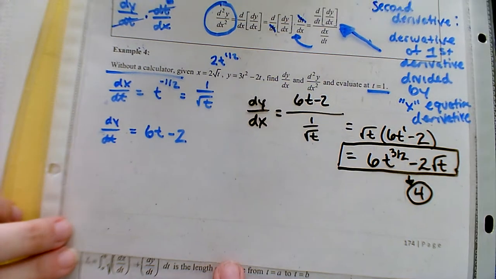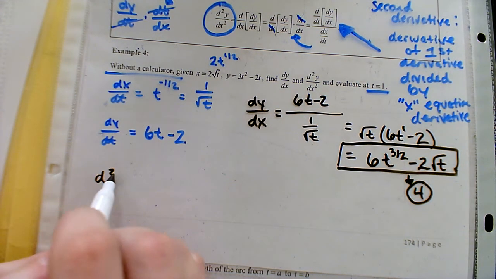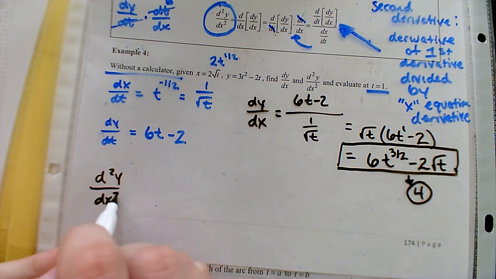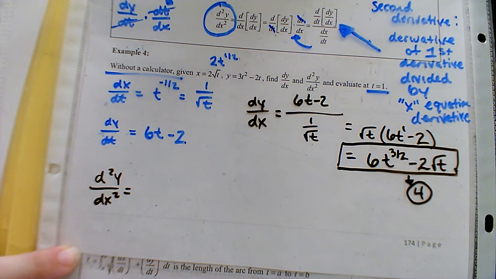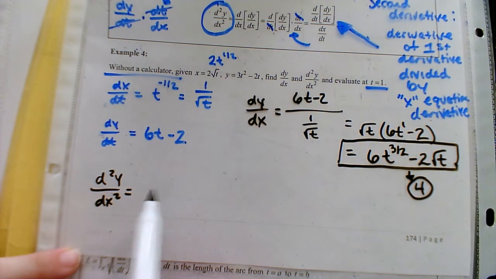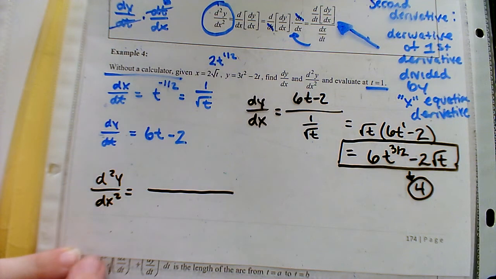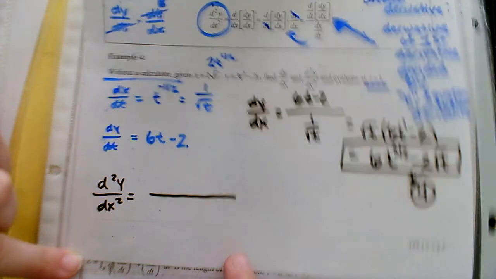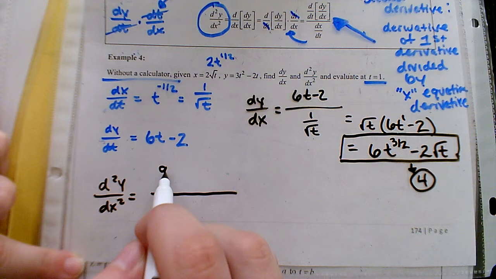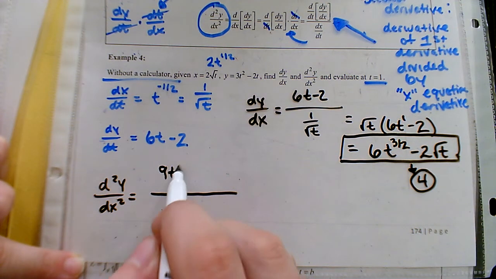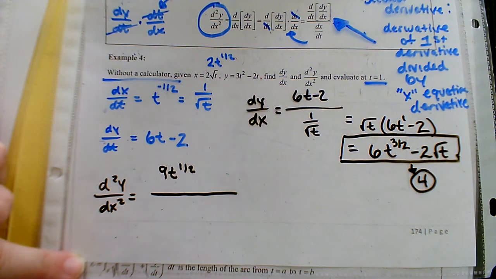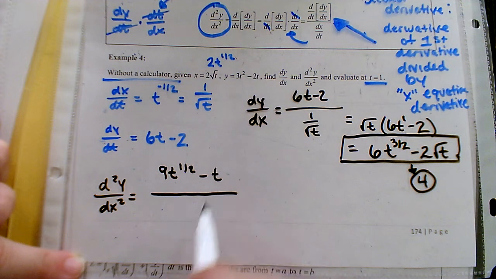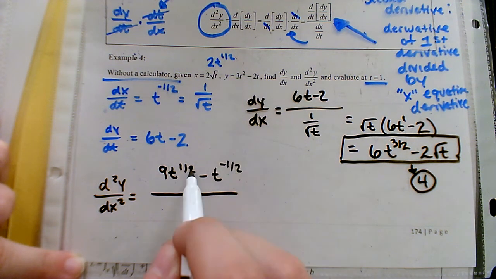So this one is a little bit more involved. So the second derivative, we said, was the derivative of the first derivative divided by the x derivative equation. So if we were to take the derivative of the derivative we just found, using our little shortcuts, we'd have 9t to the 1/2 minus t to the negative 1/2.